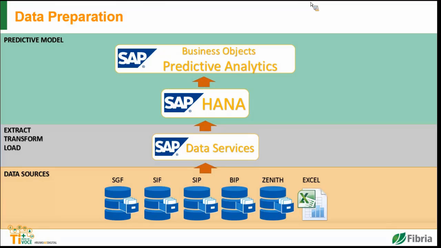And one important thing is that the SAP Data Services needs to do all the joins, put all the information together in the same table, because SAP Business Objects Predictive Analytics needs just one table to relate everything and use to create the model.